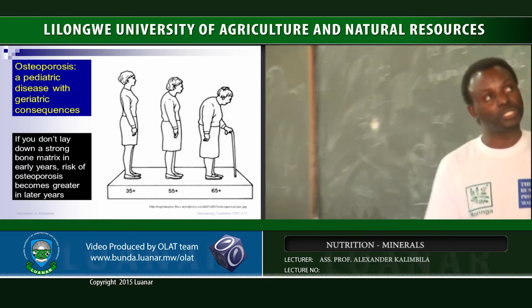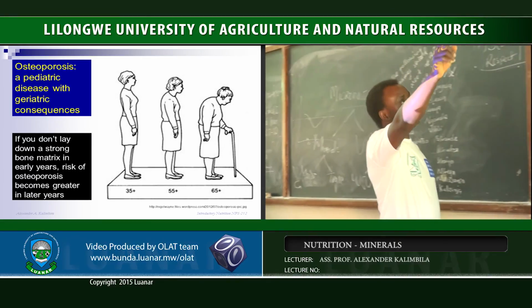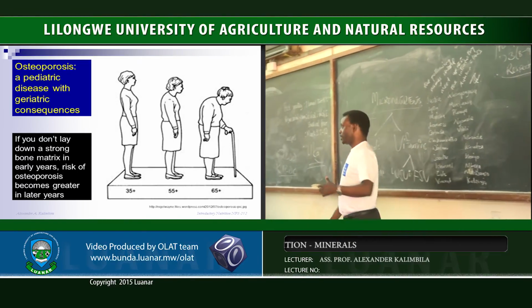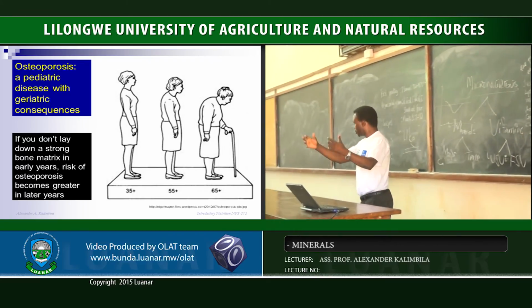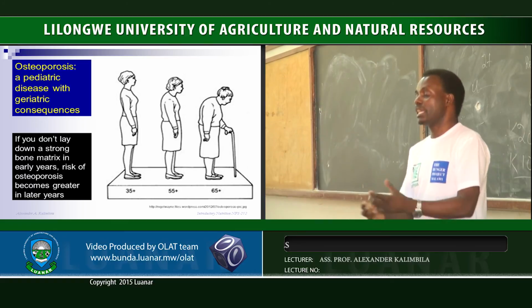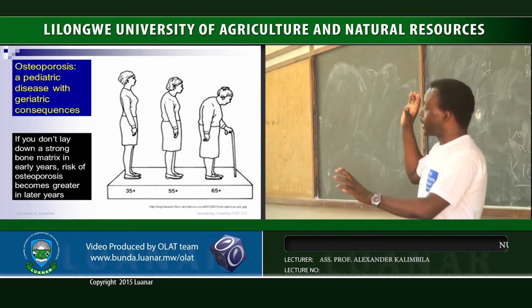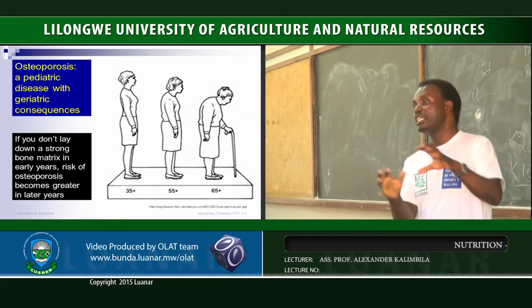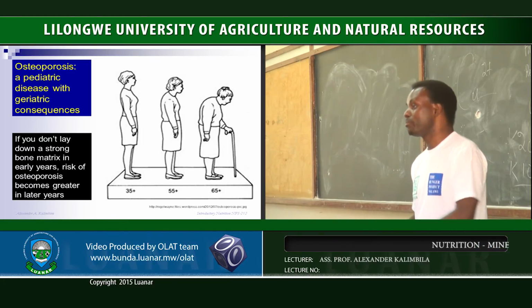And that's why osteoporosis is called a pediatric disease with geriatric consequences. Pediatrics is about children. Geriatrics is about old people, old age. So it's something you suffer later in life for the sins you committed in childhood. And I call them dietary sins.